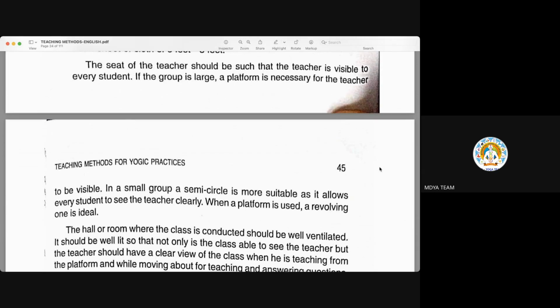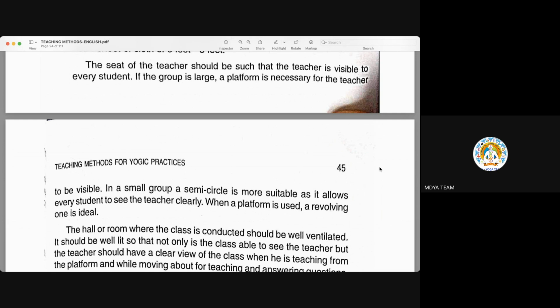If the group is large, a platform is necessary for the teacher to be visible. Now, in a small group, what is the arrangement? The semicircle is more suitable, as it allows every student to see the teacher in a proper posture, and the teacher can see each and every student from his or her position at the center.